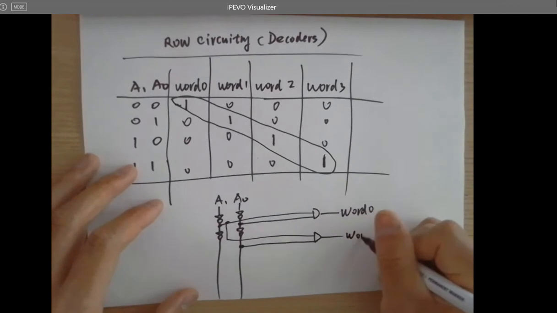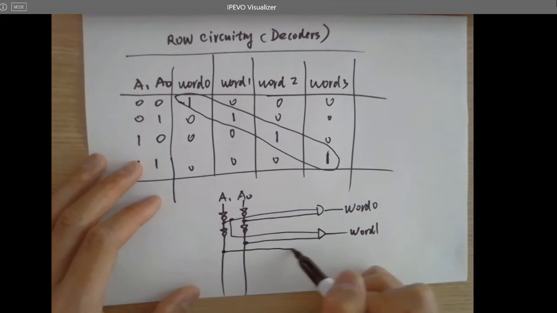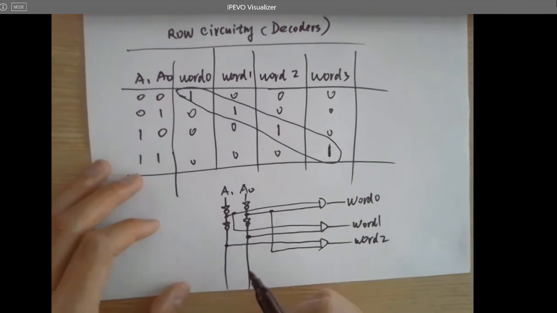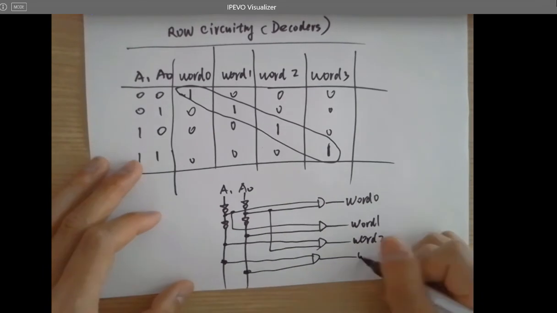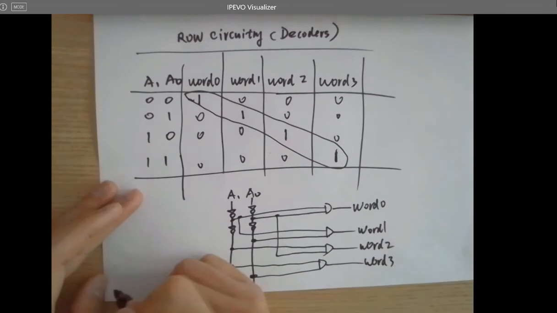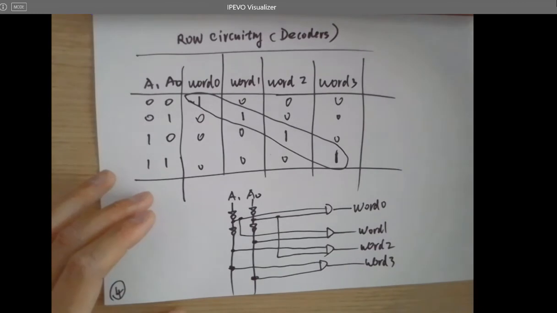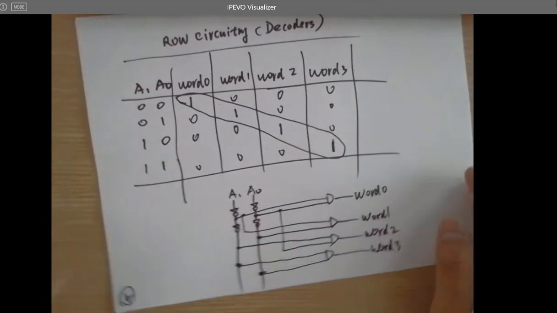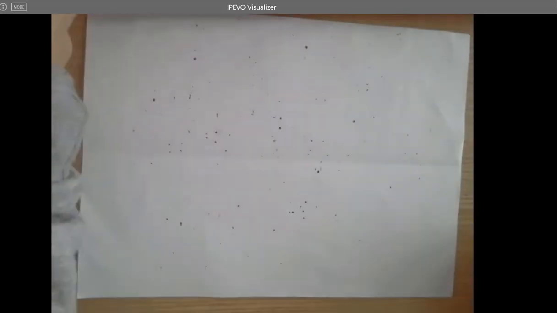And this is word 1. And then A1, A0 not. A1, A0. Okay, that's a decoder. Boring. Is that boring?